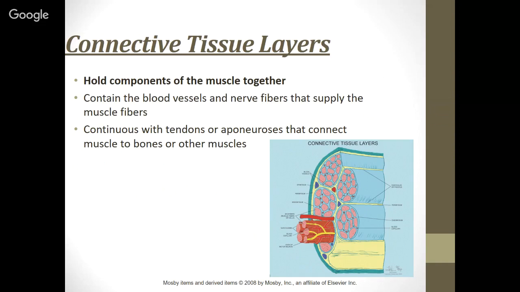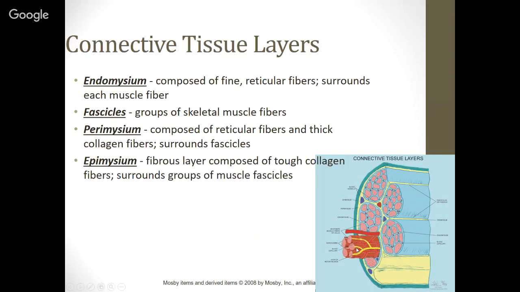These connective tissue layers surround the whole muscle, which is the epimysium. But it starts with the endomysium, which is composed of fine reticular fibers, and it surrounds each little muscle fiber, each myofiber, each muscle cell. Then those groups of muscle fibers together are held within a fascicle.